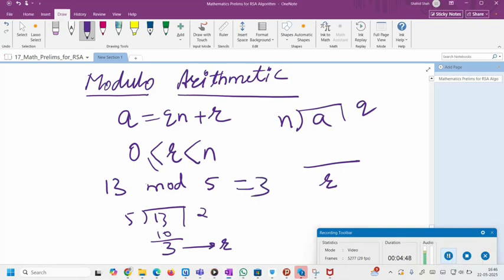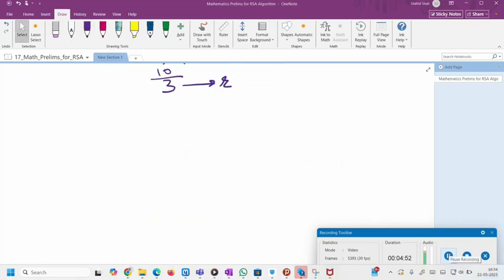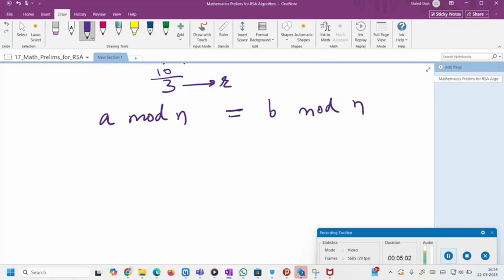There are some properties of this modulo operation. The first more important thing is, suppose we have a modulo n and also b modulo n, if these two are equal, then we say that a and b are congruent. In some sense, they are actually equal under modulo n.